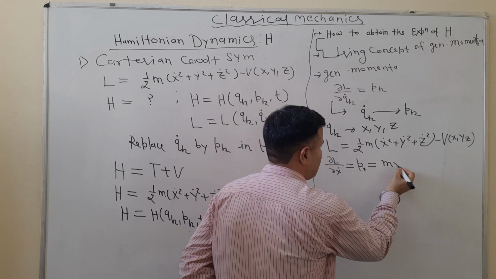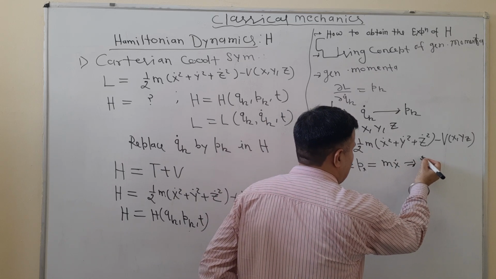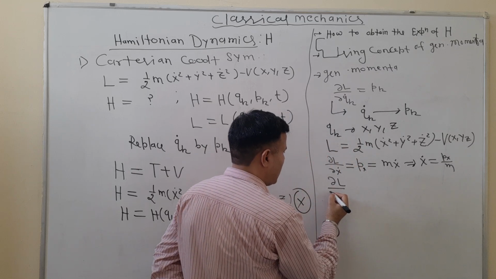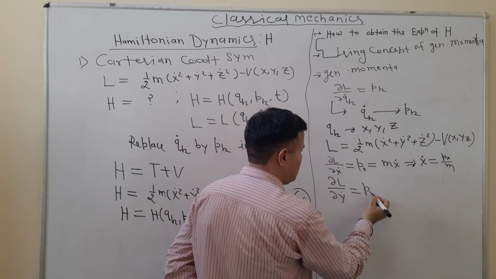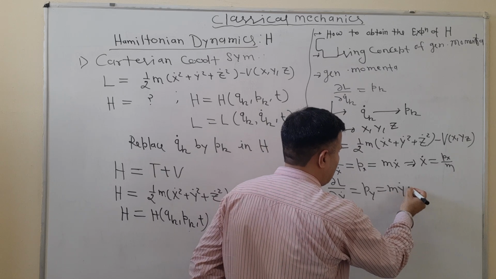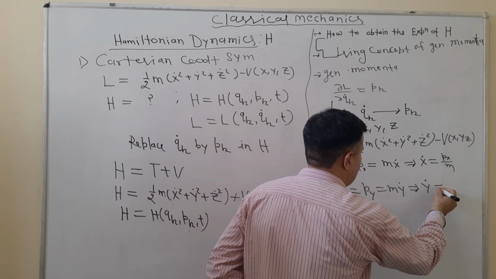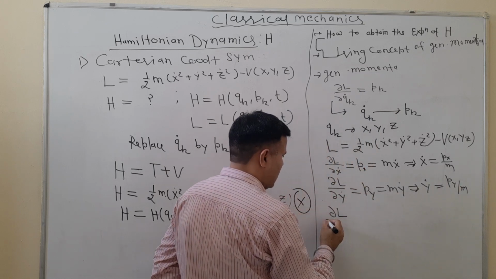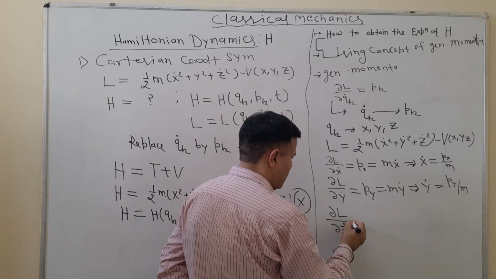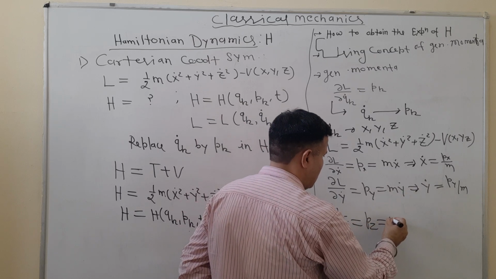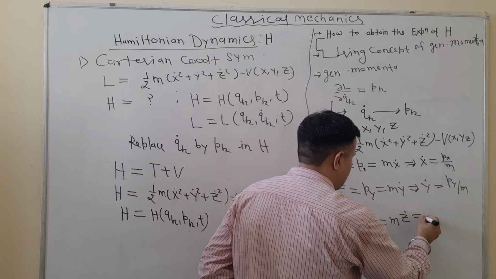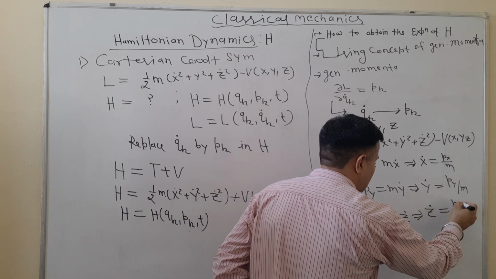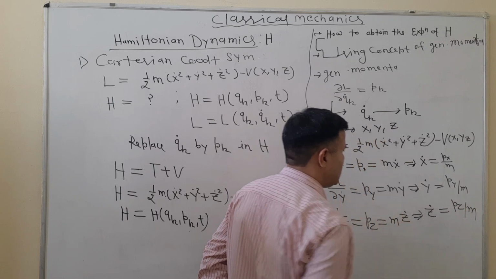This is m x dot, which implies that x dot is px by m. Similarly, for the y coordinate, del L upon del y dot is py, which is m y dot, which implies that the generalized velocity along the y direction is py by m. Similarly, del L by del z dot is pz, which is m z dot. This implies that z dot, the generalized velocity in terms of momenta, is pz by m.